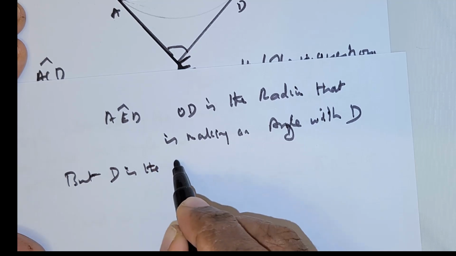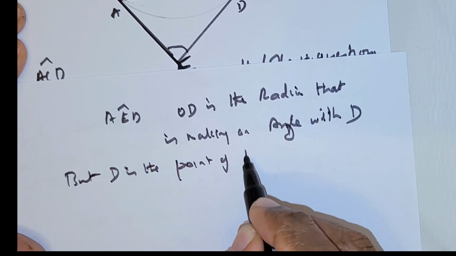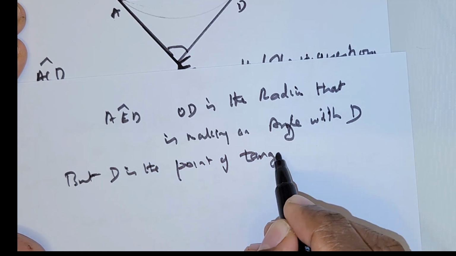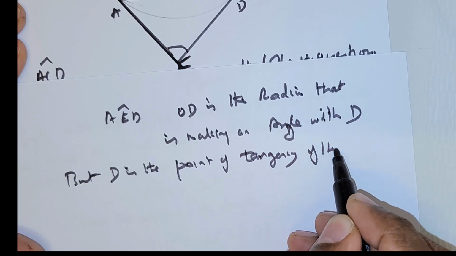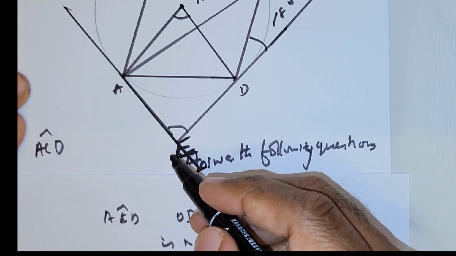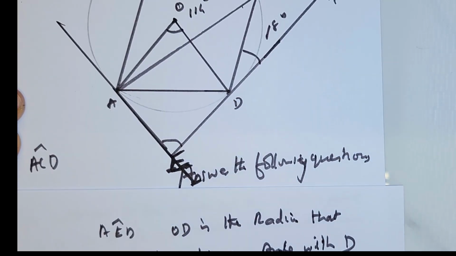D is the point of tangency of the line EG, right? EG is striking the circle at D.